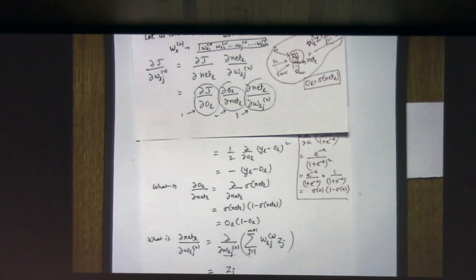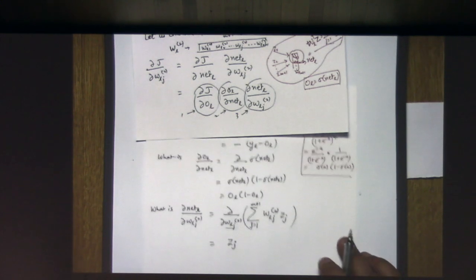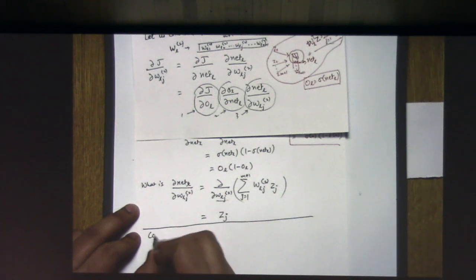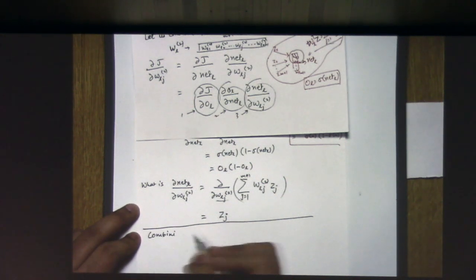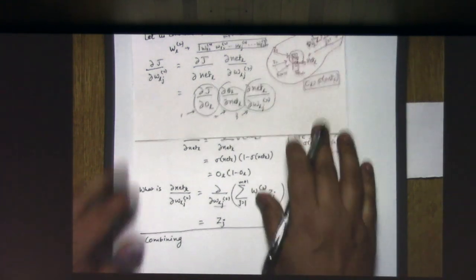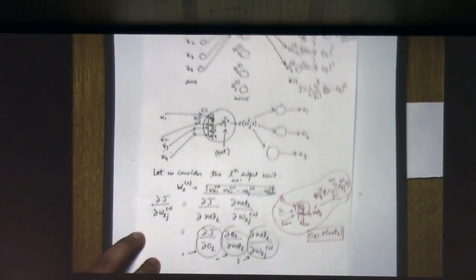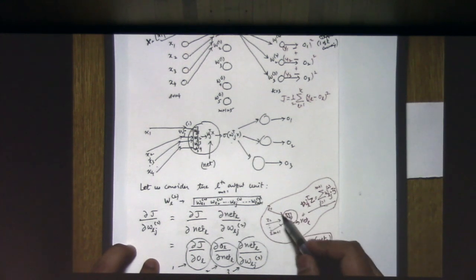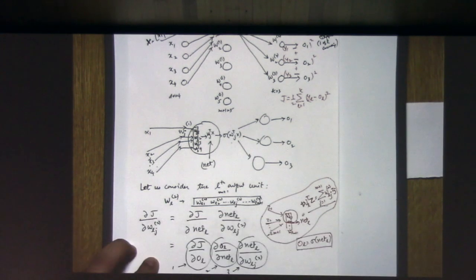Okay, so now we have all the three values. Z_j is, this is an output unit, so it is getting inputs from the hidden layer.